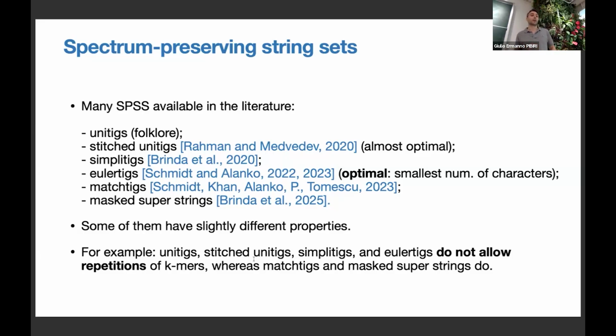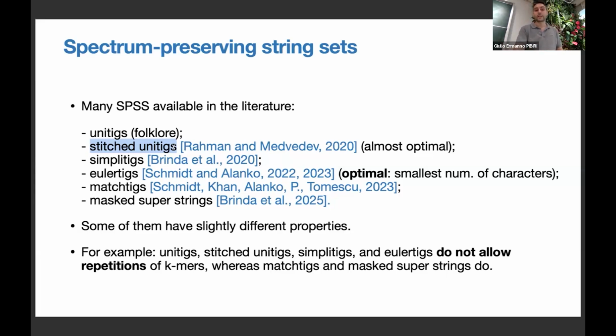And they're also almost optimal. Paul Medvedev, in his paper, established the lower bound, and experimentally, he and Raman showed that stitch unitigs came very, very close to the lower bound in number of characters. So they are essentially optimal.